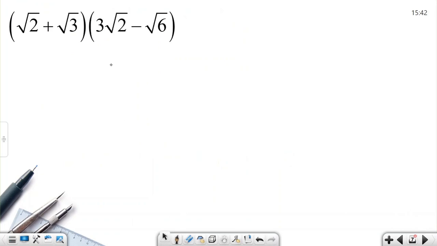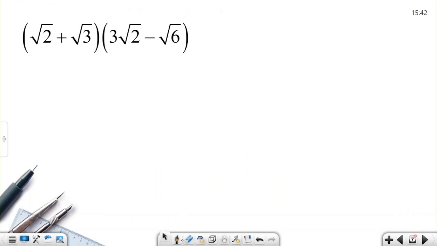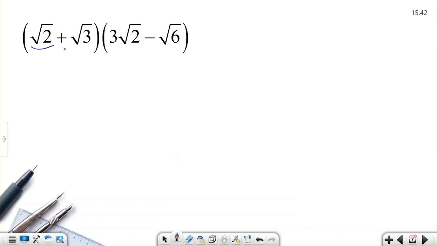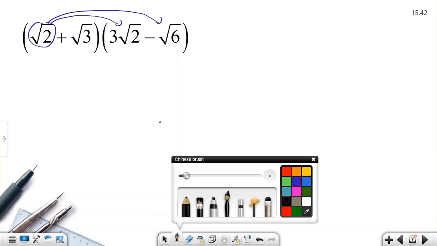Okay, let's use the distributive property for that one. As you see, both of them have 2 terms: square root of 2, square root of 3, and 3 square root of 2 minus 6. Let's multiply one by one. First I need to take the first number and multiply by the first one, then multiply it by the second one. Let's do it.